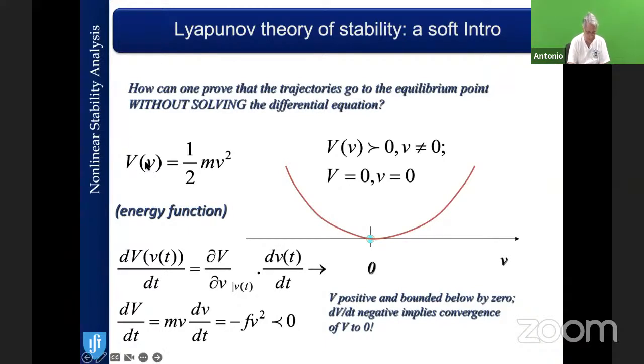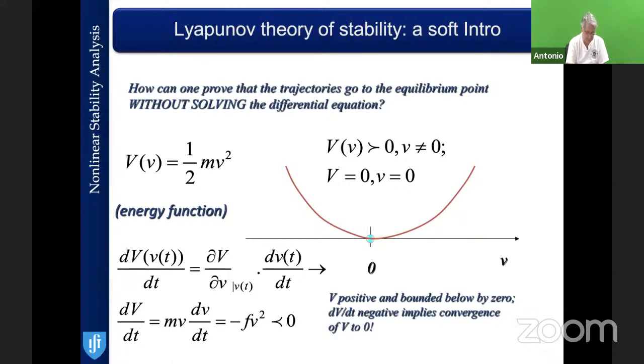So you compute the derivative of this with respect to time. You have the composition of two functions, from t to v and from v to capital V. So you start by computing the partial of capital V with respect to small v along the trajectories, but you don't know them.